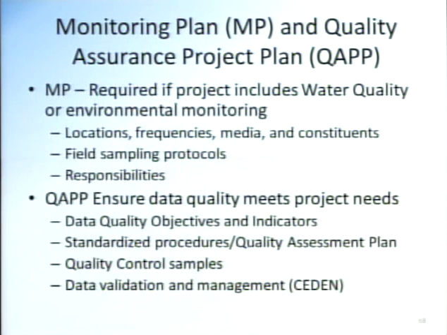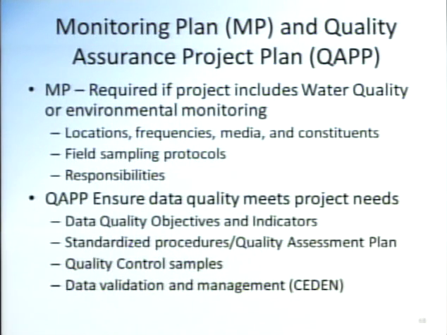The QAPP is where you get into the data quality indicators, your precision and accuracy, your standard operating procedures (SOPs), quality control, how you're going to validate your data to ensure that it was collected appropriately and at the appropriate quality, and how your data will be reported.